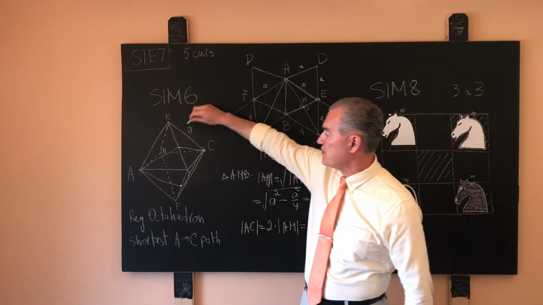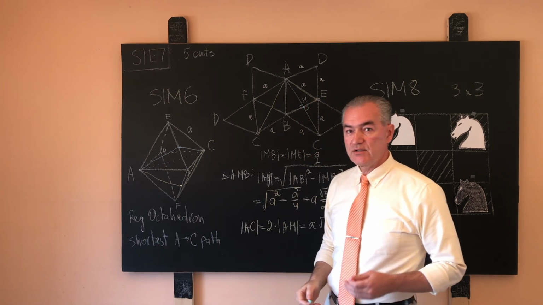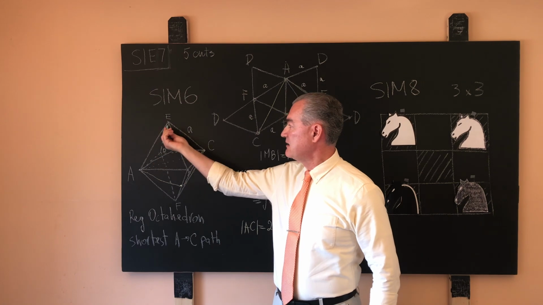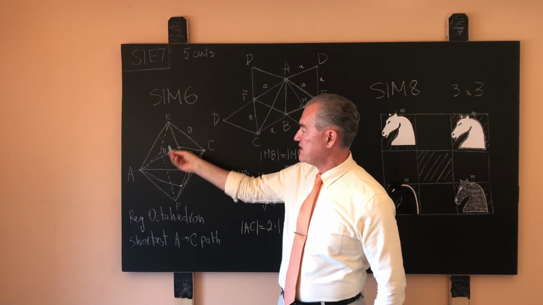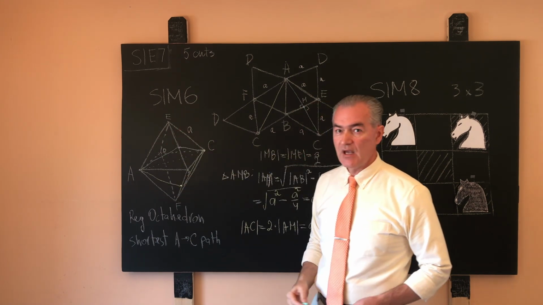2 of these edges we already covered, BE and BF, and another 2 such edges will be DE, this guy that we cannot really see, that's why I show him in the dashed line, and the edge DF.